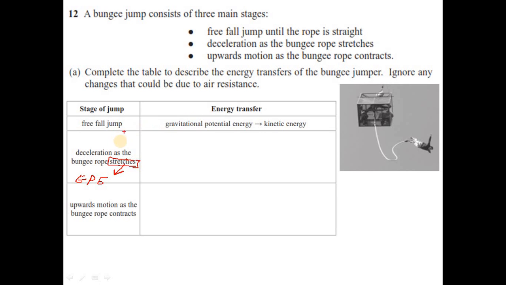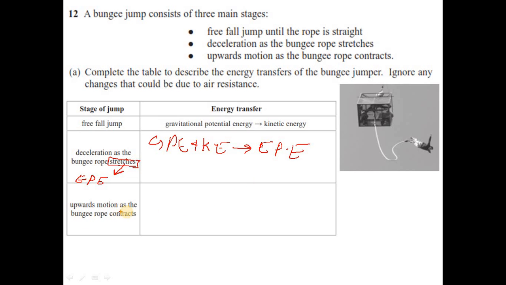When the bungee jumper is coming down, it has some gravitational potential energy and kinetic energy, and both of these are converting into EPE. So you can say that GPE plus some kinetic energy is converting into elastic potential energy.